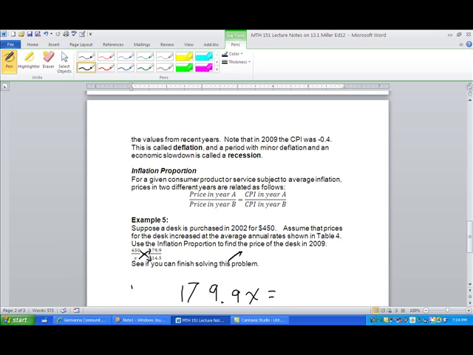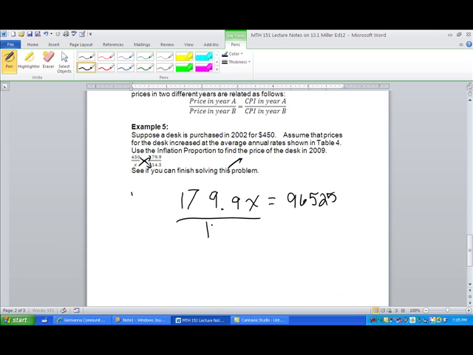So I want to take 450 times 214.5, and that gives me 96,525. And so now I want to divide both sides by 179.9 so I can get X. Okay, so divide it by 179.9.